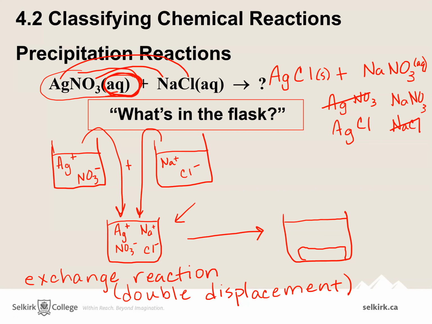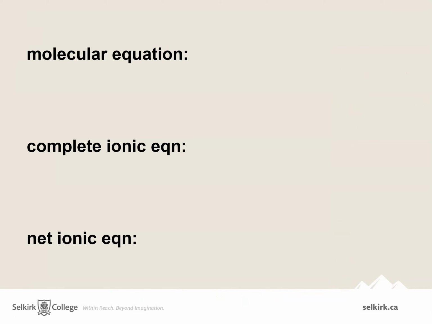While I'm here, though, let me show you a few different styles of writing equations. There are 3 different styles, and the one that we wrote already was called a molecular equation. I'm copying here exactly the same equation we worked out on the other slide.